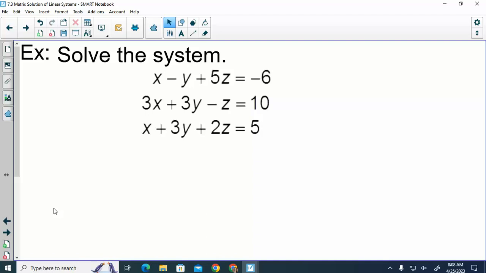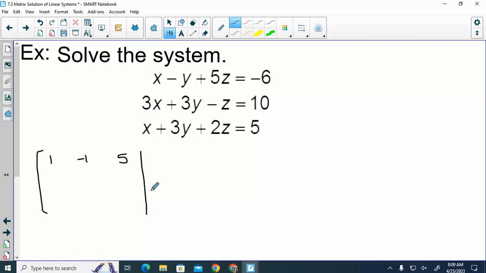So, I have added a third equation. Okay, it does not change anything about the process. Same idea. So we first set up our matrix. We have 1, -1, 5 equals -6.